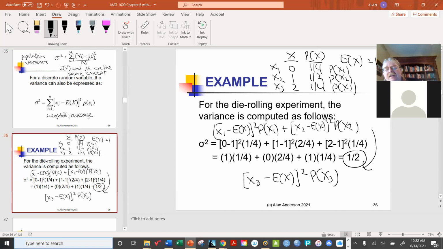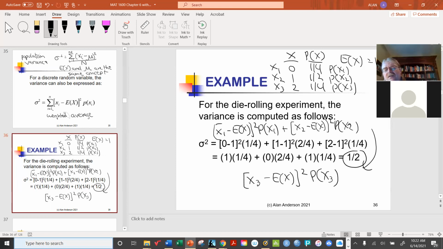Now, of course, you know what's coming next, the standard deviation. Whatever this number is, the variance, we know from experience that the corresponding standard deviation is simply the square root of the variance. That never changes. It doesn't matter if we're looking at a sample or a population or a random variable.